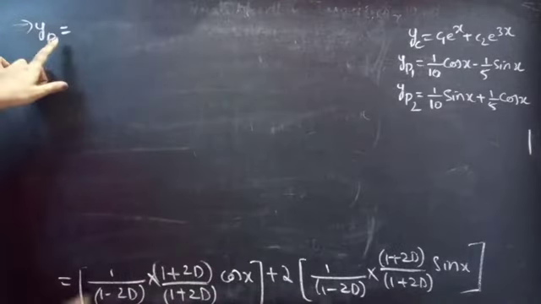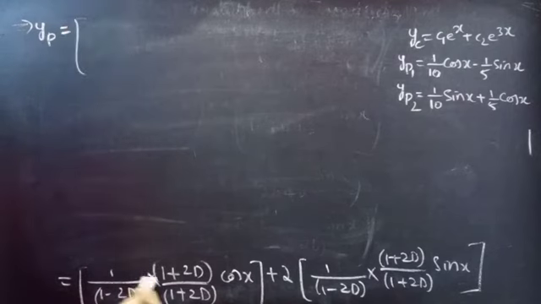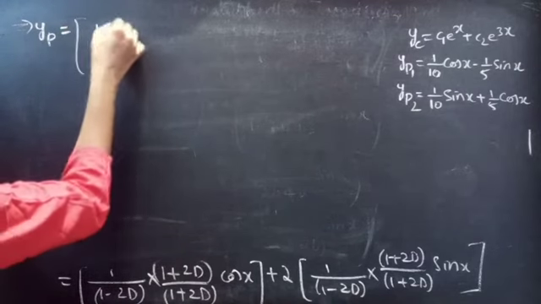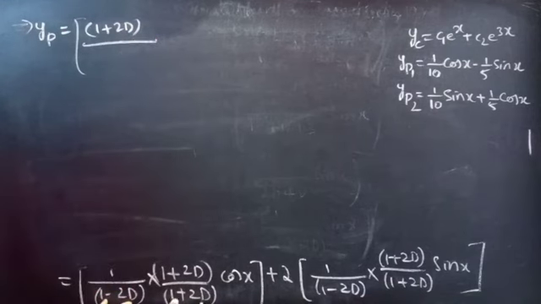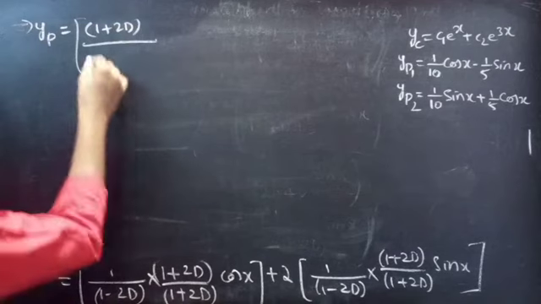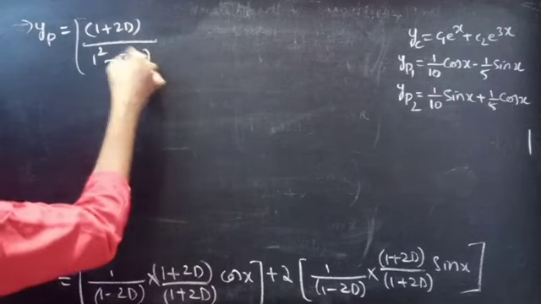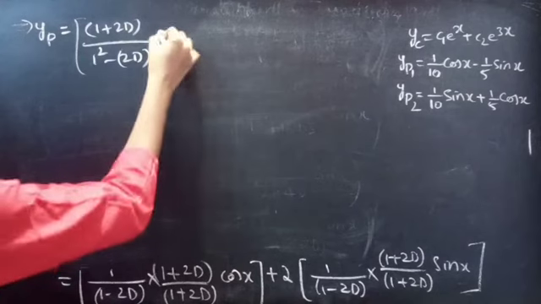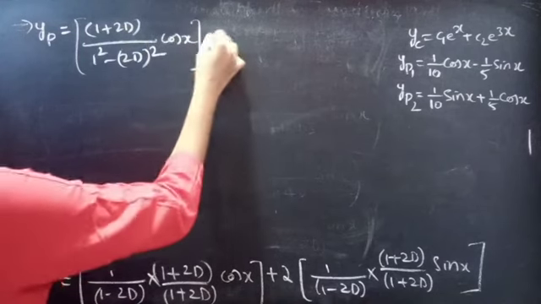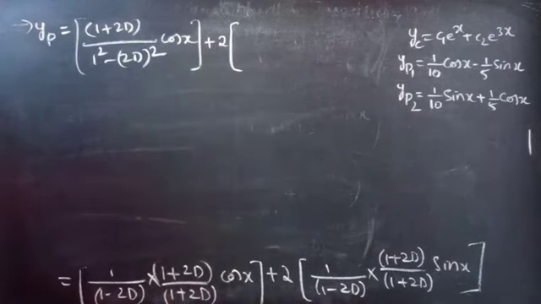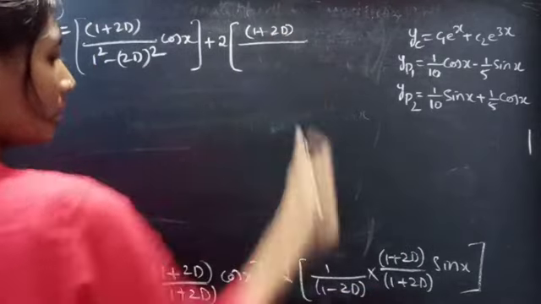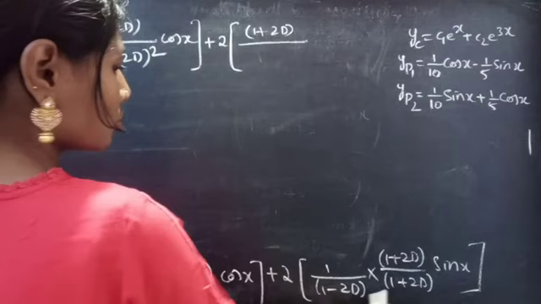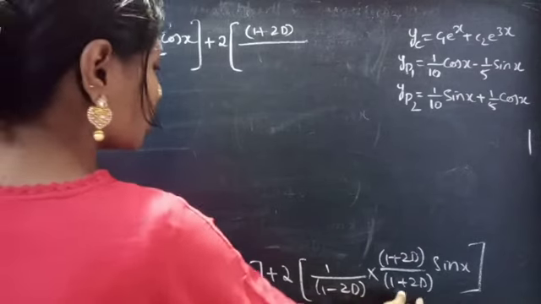Then yp becomes 1 into 1 plus 2d is 1 plus 2d by, in the denominator you are having 1 minus 2d into 1 plus 2d, which is of a plus b into a minus b form. We can write it as 1 square minus 2d whole square into cos x, plus 2 into 1 plus 2d by, again in the denominator we are having 1 minus 2d into 1 plus 2d, which is of a plus b into a minus b form.